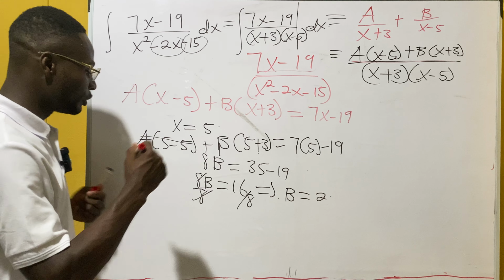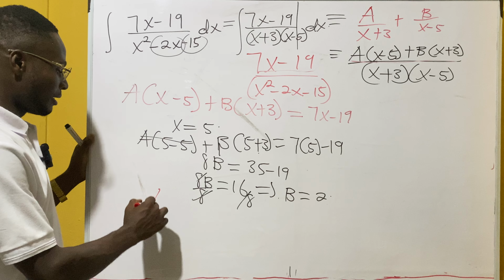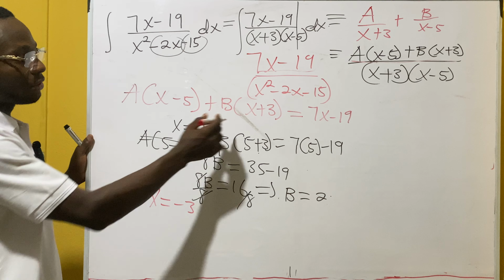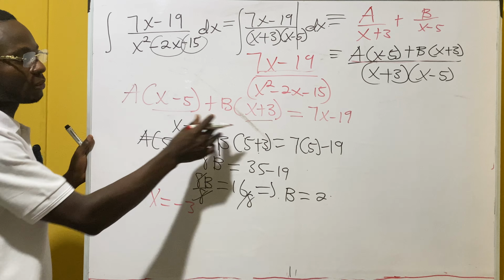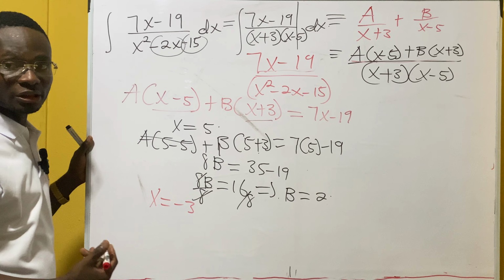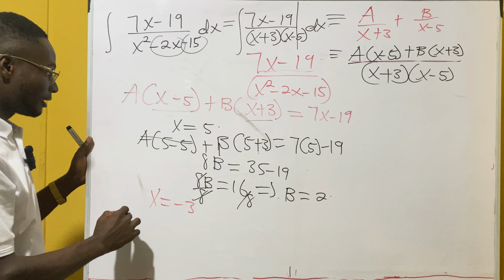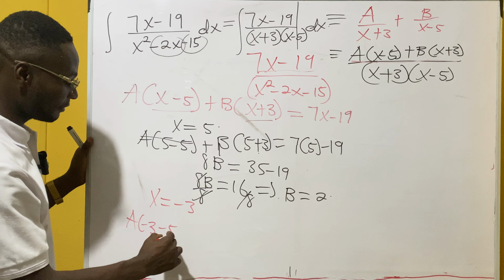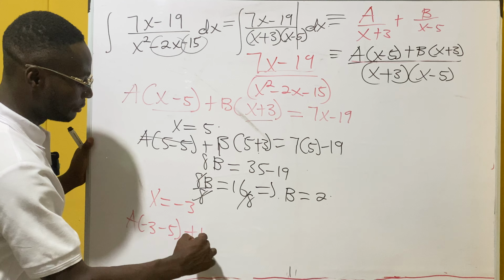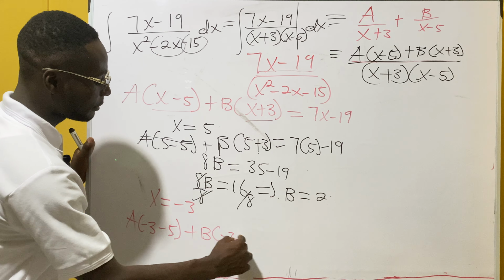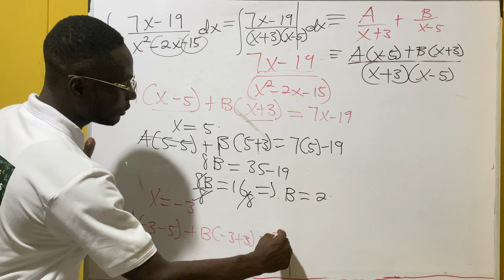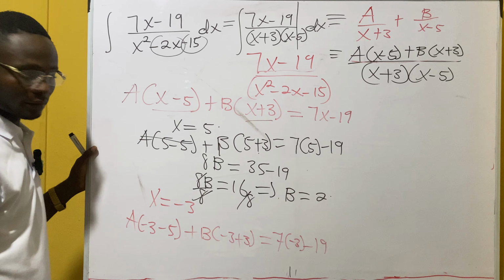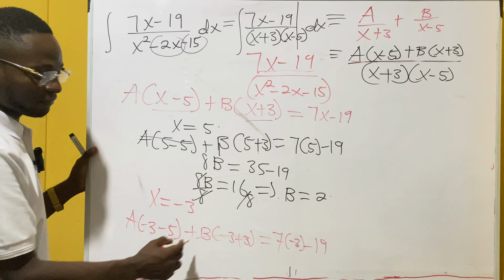So let's assume that our x equals -3. We are doing that from here, just equating these things to 0. So we can say that A into -3 minus 5 plus B into -3 plus 3 should be equal to 7 into -3 minus 19. So this goes off.